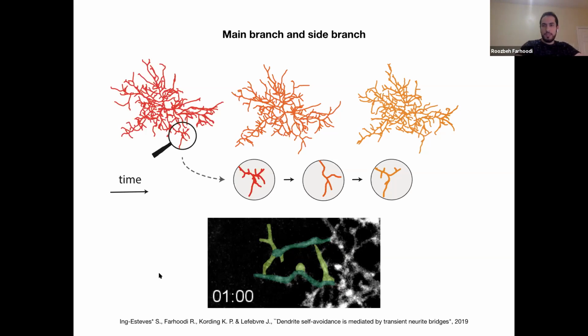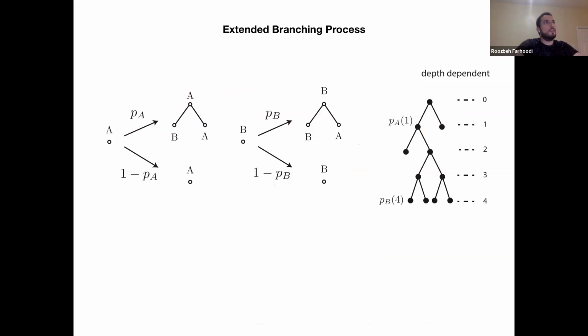It's actually very easy. I'm going to extend the branching process that I showed you. Let's assume that we have 2 different types, let's say A and B. A corresponds to the main branch and B corresponds to the side branch. And you have 2 different probability distributions, where PA and PB are possibly different: if you are in an A node, you have the probability PA to branch, and if you are in a B node, you have the probability PB to branch.